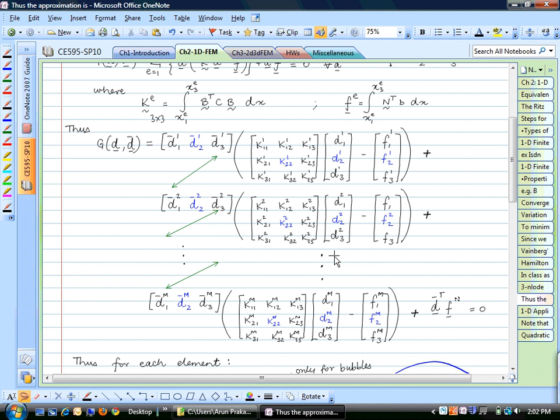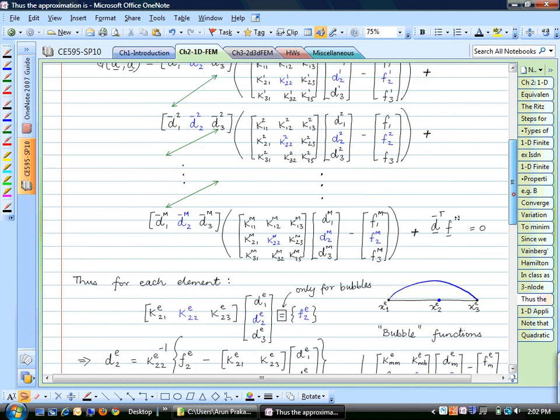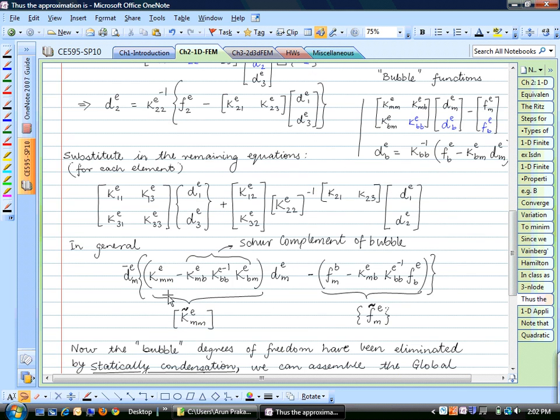The second degrees of freedom here, I can delete this second row and the second column, and instead I will replace it with something that I'm calling an effective element stiffness matrix. Okay, so this was the stiffness matrix corresponding to the main degrees of freedom that we had before. If I add the Schur complement of the bubble, then I will get the effective stiffness matrix for the element.